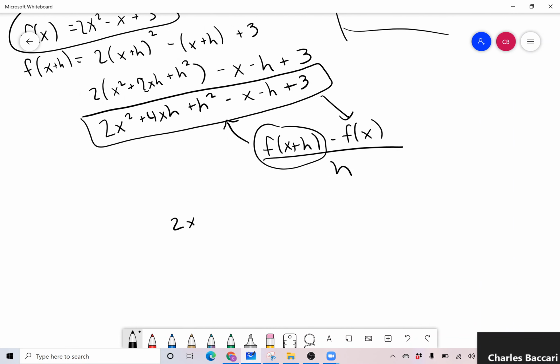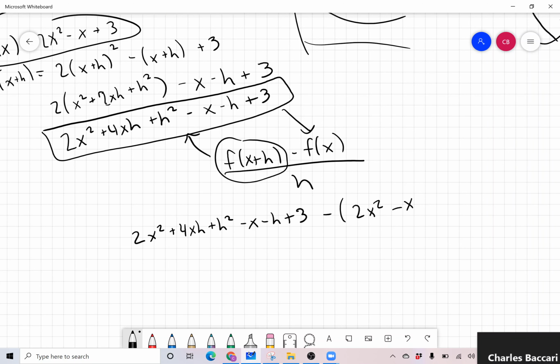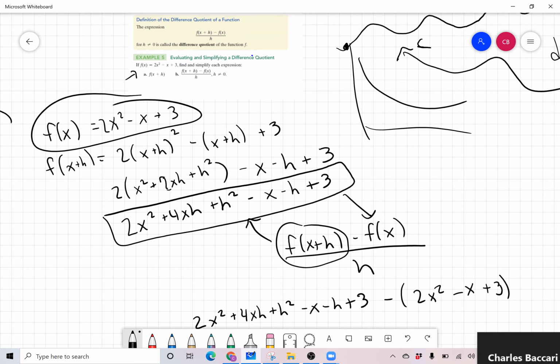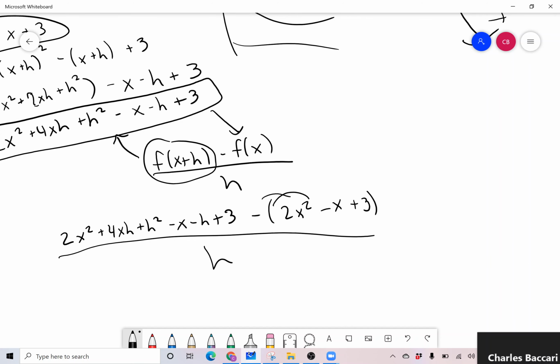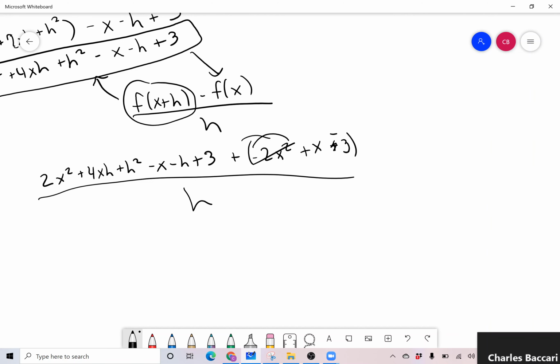So we have 2x squared plus 4xh plus 2h squared minus x minus h plus 3, minus f of x, which is 2x squared minus x plus 3, and then all over h. So we distribute, this becomes negative, this becomes positive, this becomes negative. And so this one is going to cancel with that one.